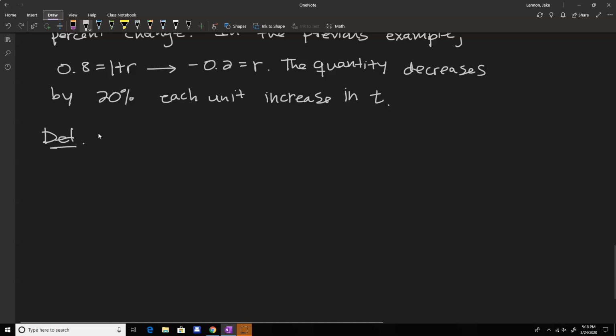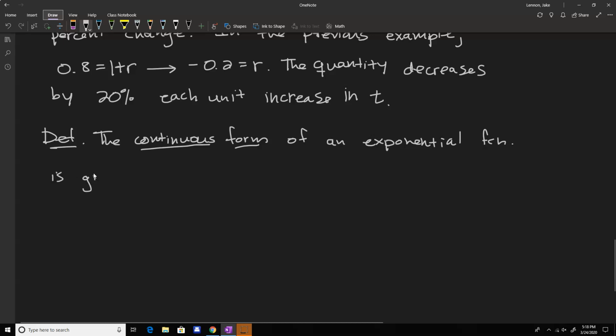It is given by y equals a times e to the kt.